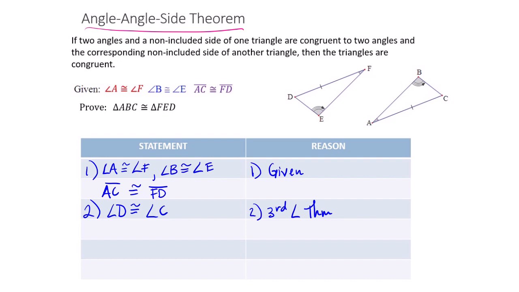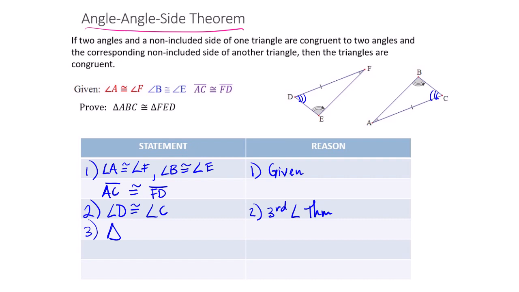All right, so now that I have that, now look what we have. Angle, side, angle, angle, side, angle. Okay, so we have two angles and an included side congruent in these triangles. And so that must mean that the two triangles are congruent, right?